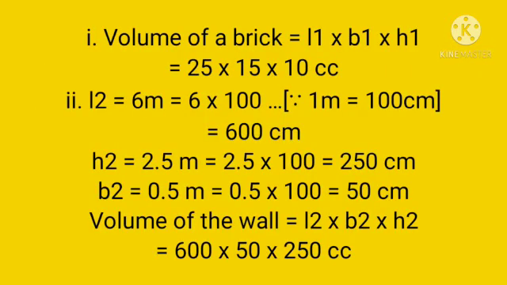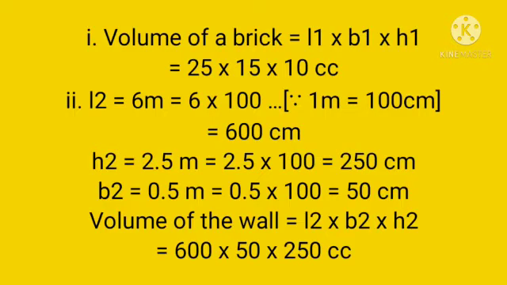Volume of a brick is equal to L1 multiplied by B1 multiplied by H1. Let us substitute their values. So volume of the brick is equal to 25 multiplied by 15 multiplied by 10 cubic centimeters.